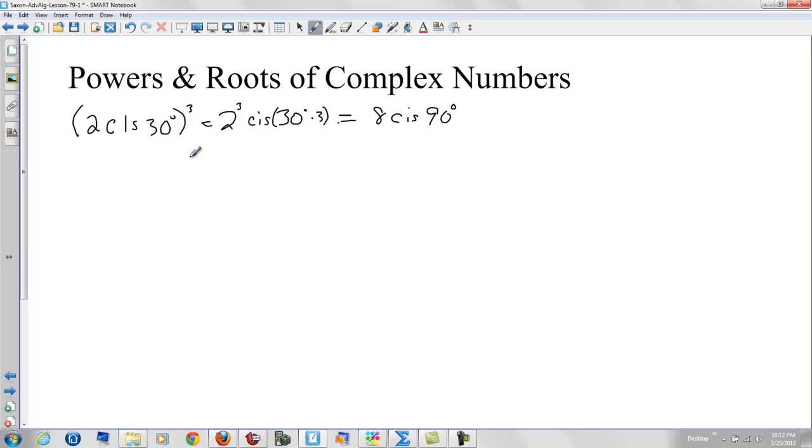One thing you may be asked to do when you are raising the powers is to express the answer in rectangular form. So in this case, we would rewrite 8 cis 90 degrees in what the cis stands for, which is cosine of 90 degrees plus i times the sine of 90 degrees.